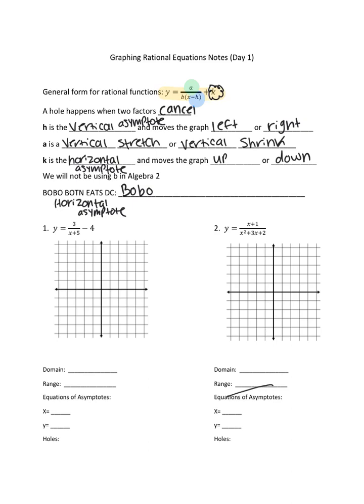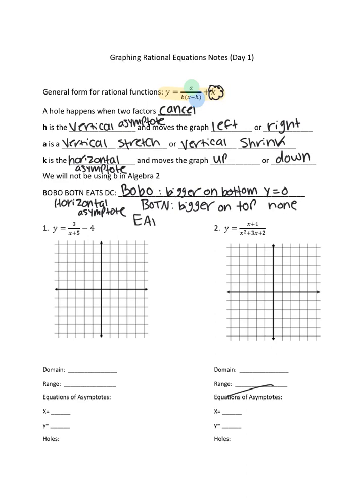BOBO means if the degree of the exponent is bigger on the bottom, then your horizontal asymptote is going to be y equals 0. BOTTEN is if the degree of the exponent on the top is bigger, then you have no horizontal asymptote.